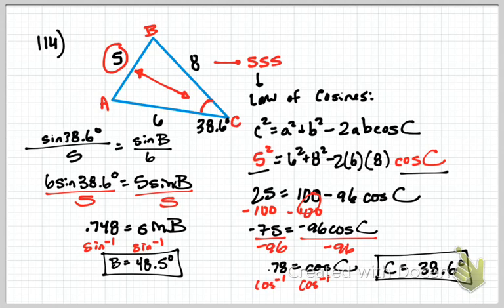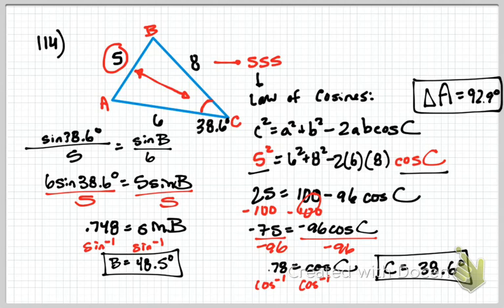And now we've got one angle left. We'll have to subtract from 180. So 48.5 plus 38.6, and 180 minus that answer looks like 92.9. Angle A equals 92.9 degrees.